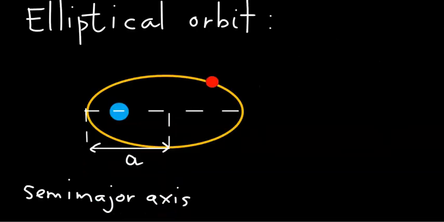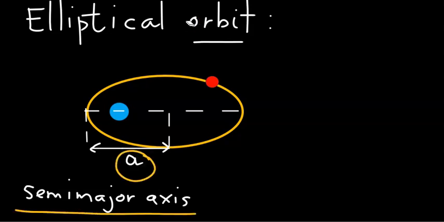What if the orbit is an elliptical orbit? In this case, we have to replace the radius of the orbit with the length of the semi-major axis, namely a. So in this case, the expression would read as follows.